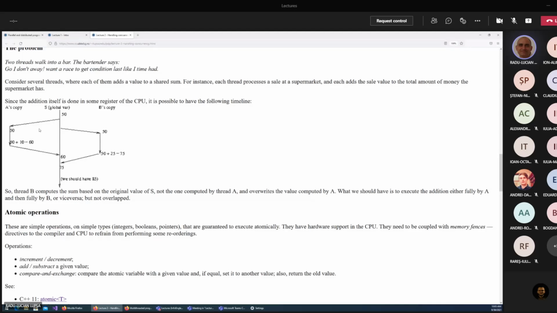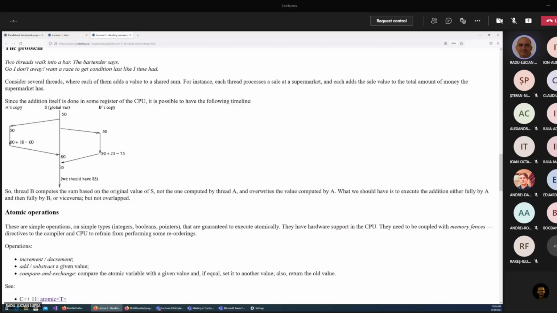And you have another thread that adds 25. Unfortunately, it sees the original value, it adds 25, it writes the 75, that is the result, and it overwrites the 60 here. So what is the problem here, and what do we need to solve?